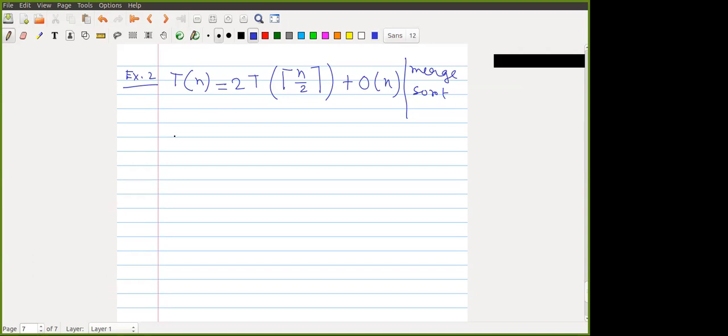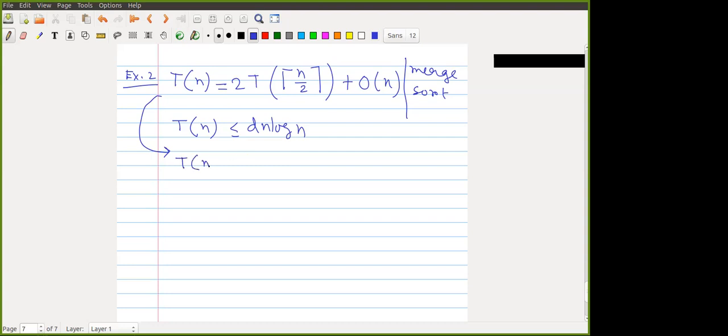So what will be our guess? Our guess would be somewhat like T of n is less than or equal to some d n log n. Okay, is this okay? Since this is order notation, I have to open it up and put a constant here.